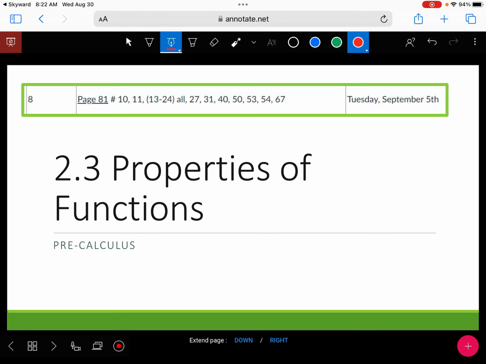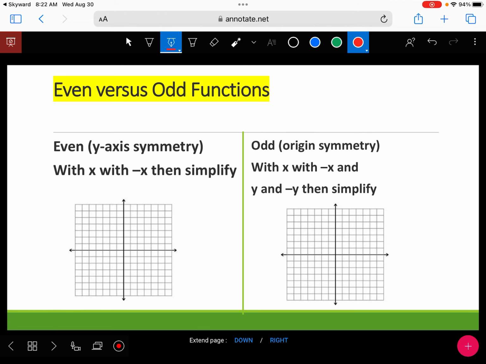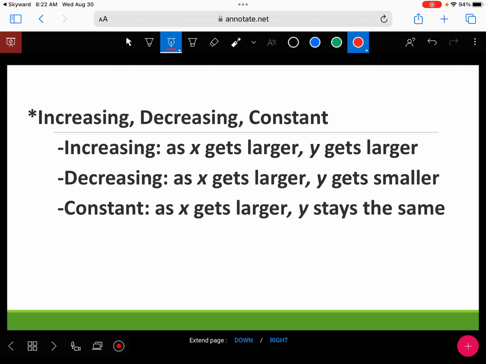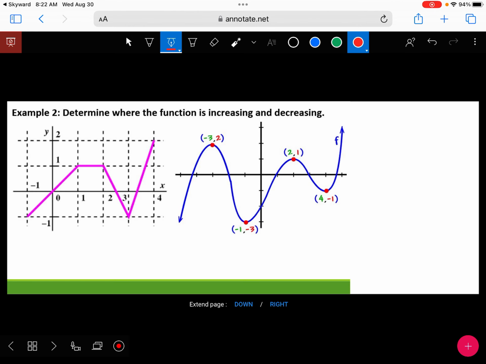Homework 7 is due Thursday, tomorrow. So let's go ahead. We're going to go all the way to example 2 and glue down example 2 in your notebook.